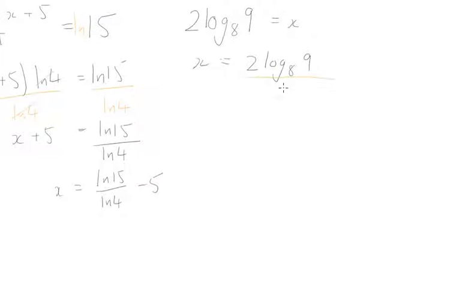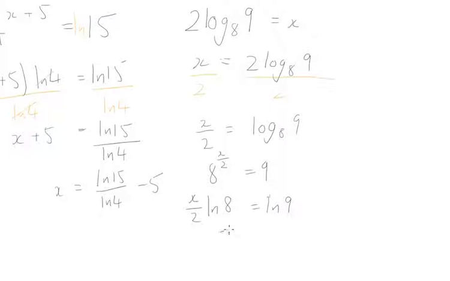So dividing by 2, I get x on 2 equals log base 8 of 9, or 8 to the power of x on 2 equals 9. x on 2 log 8 equals log 9.